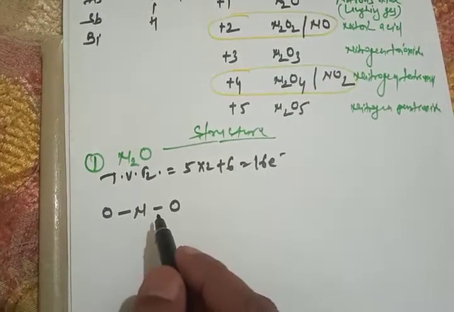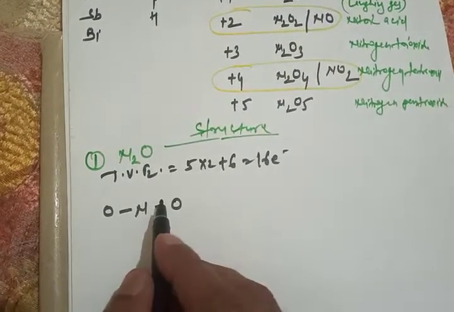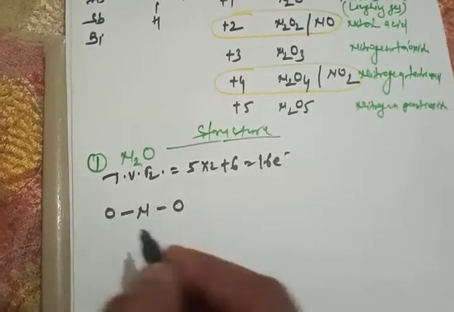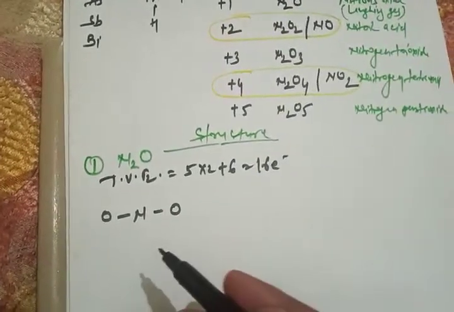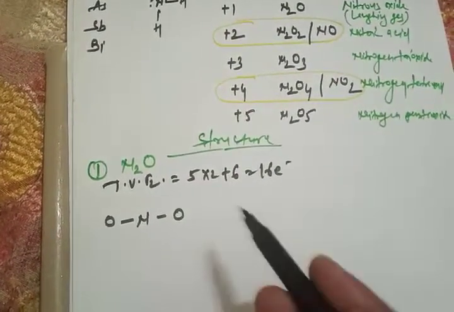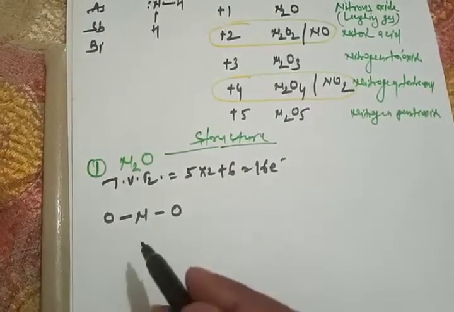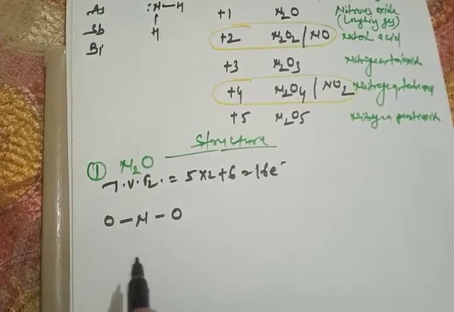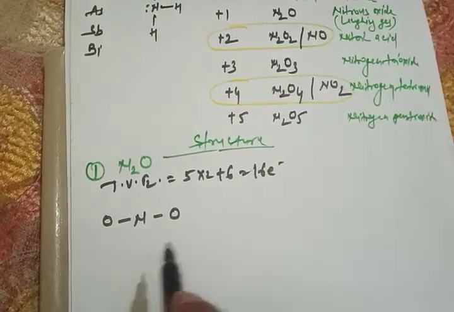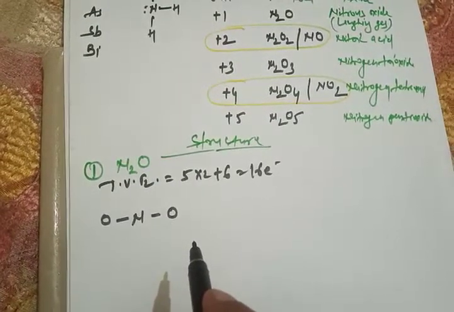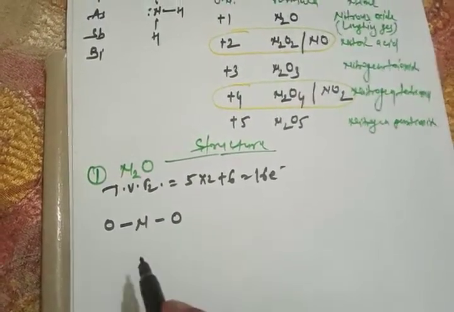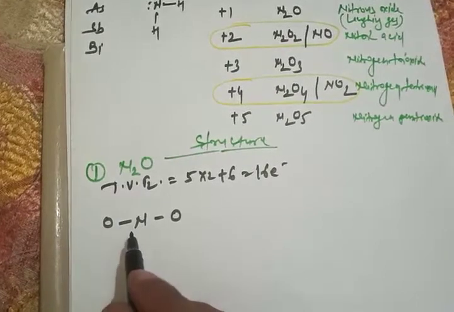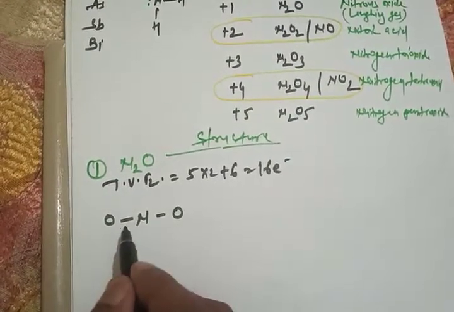Then we can put a double bond or a triple bond, or these are resonating structures. It can be more than that, and then we will find which one is more stable. Resonating structures are equal in terms of bond pair electrons and lone pair electrons.